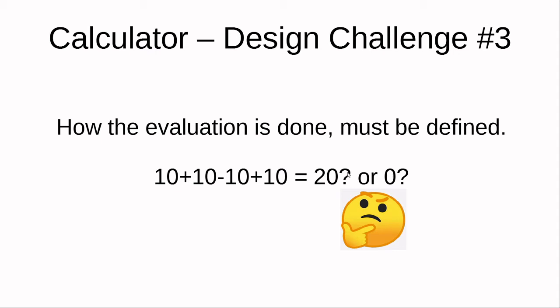So the point I'm getting to here is that to believe that it's 20, it must be predicated upon something. Why is this expression evaluated as 20 or 0? And the answer to that is there are methods of defining how an expression is evaluated. So in this calculator as well, I would have had to look at some way of evaluating mathematical expressions.